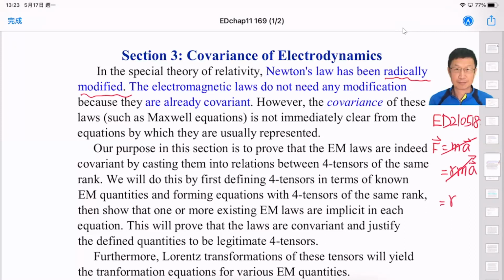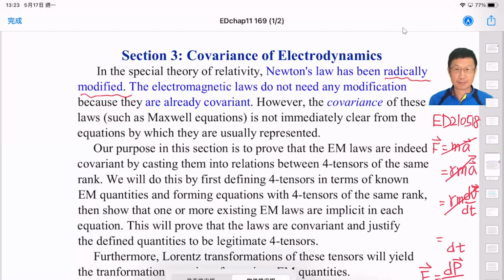F equals gamma m dv/dt plus something, still not good enough. It becomes dp/dt, the ordinary force. However, how about another force, dp over d tau, where p is the momentum and energy? Remember, it changed a lot. Newton's law has been radically changed.